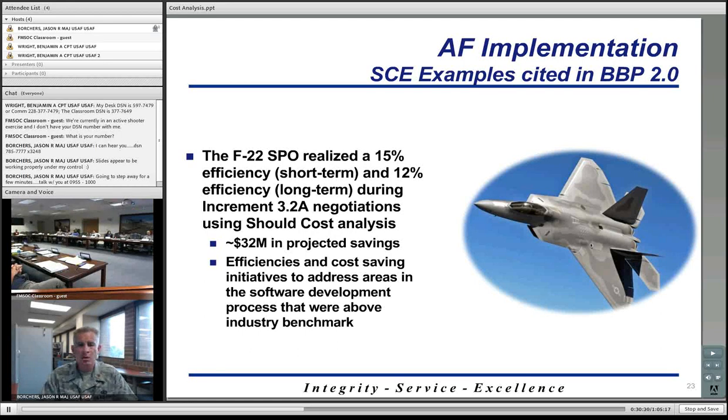So, in the grand scheme of things, that's not a huge dollar amount, but when we're talking about should cost, well, anything helps, and $32 million is a decent chunk of change for anybody.